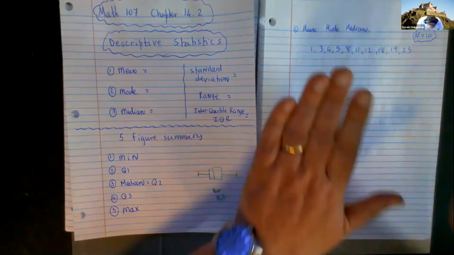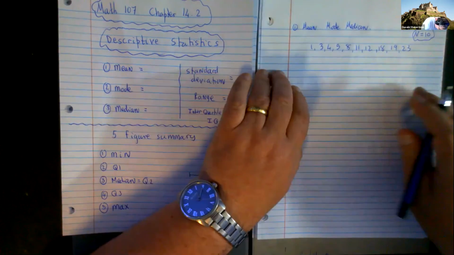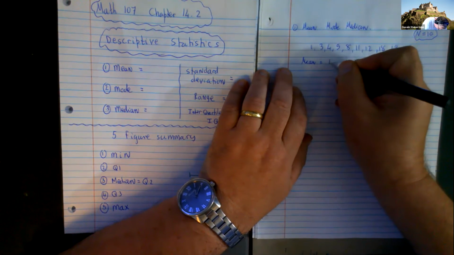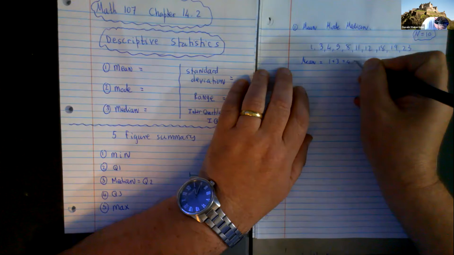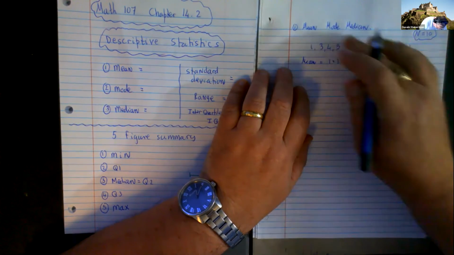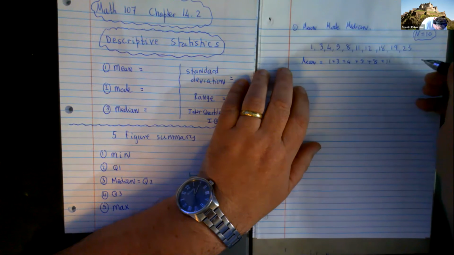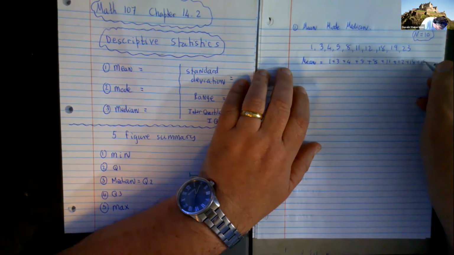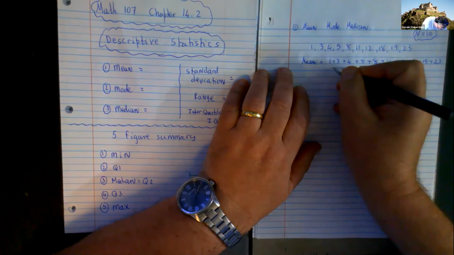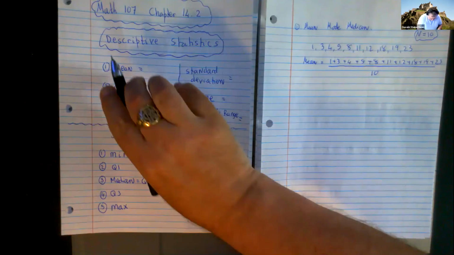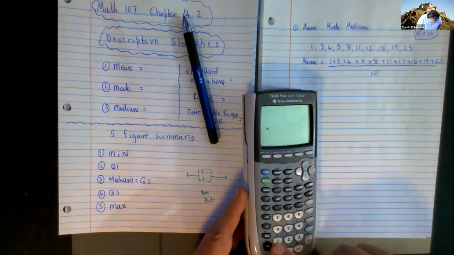Right, so focused on 10 numbers. To calculate the mean, I'm going to do these by hand, and then I'll show you how you can do the same ones using the calculator. So you got your calculator.